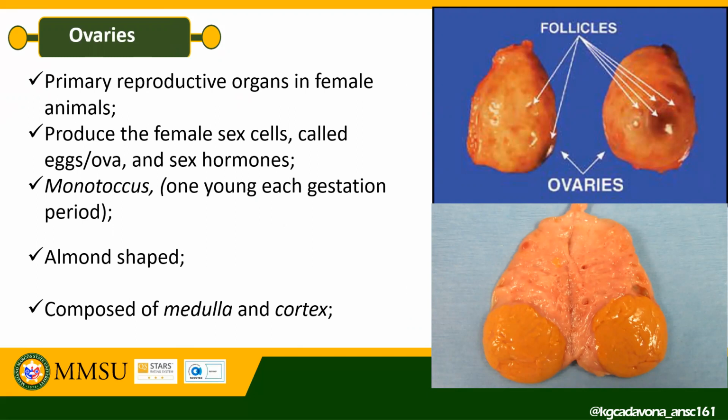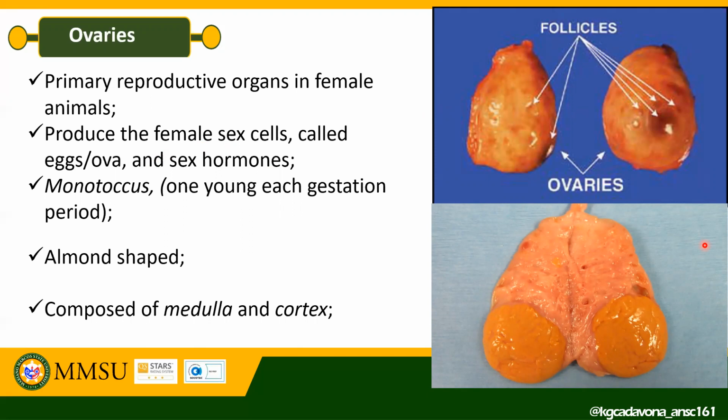It is the primary one because the main functions of the ovaries are the development, storage, and release of the female sex cells or female gametes, which are the eggs or ova, and definitely the sex hormones. If you try to recall the female sex hormones that you discussed when you were still in Ansay 20, what were they again?